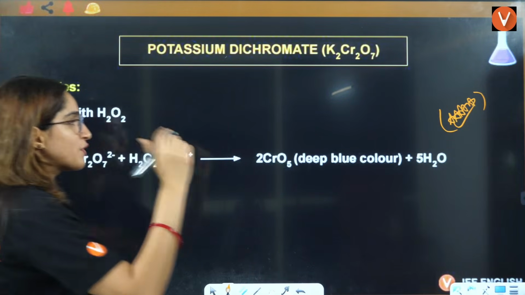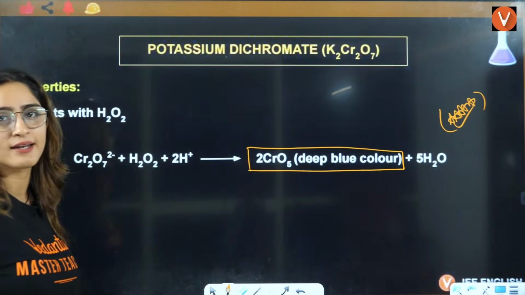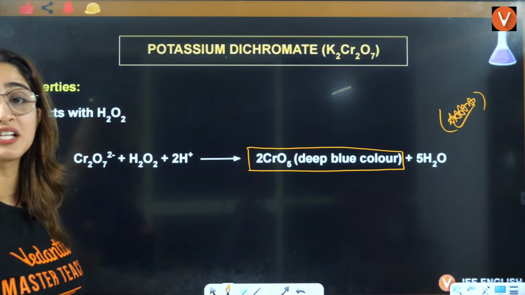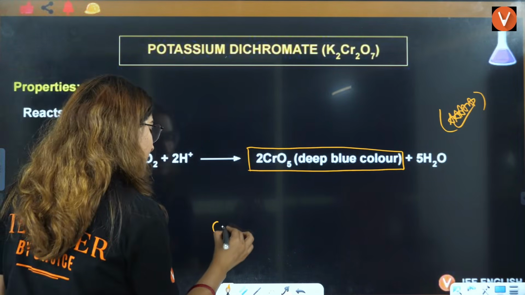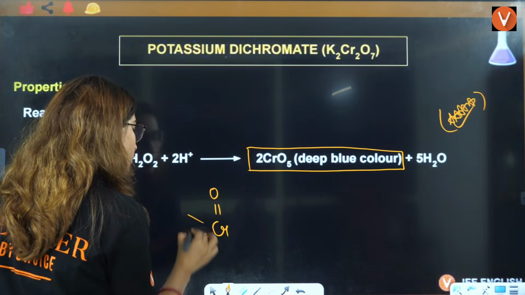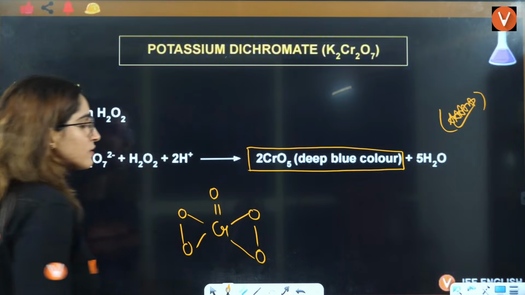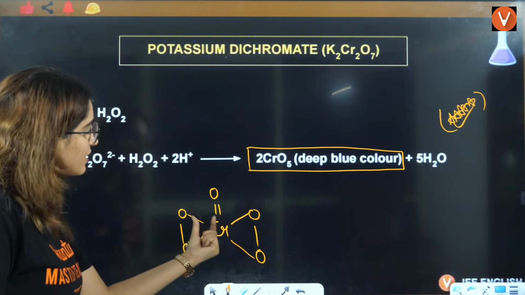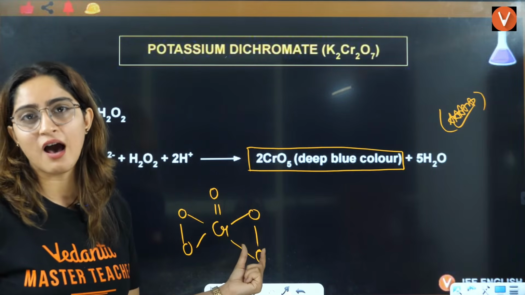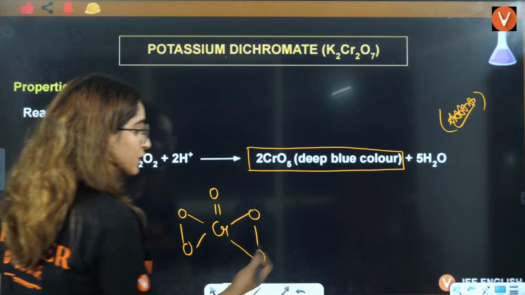That's why this is very important, because of this particular compound, that is CrO5, which has a deep blue color. It has this kind of structure, and based on this they can ask you in redox reactions. What is the oxidation number of this Cr? It is not easily done. That we will do in redox reactions.